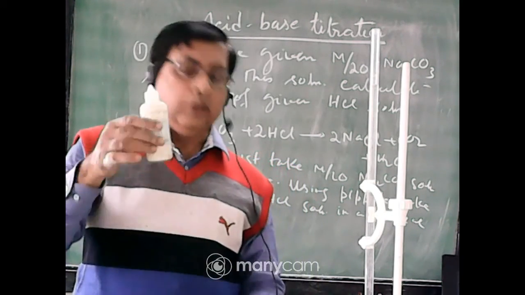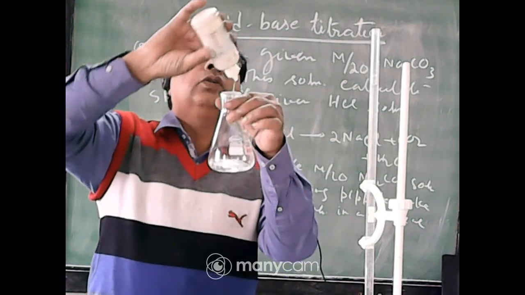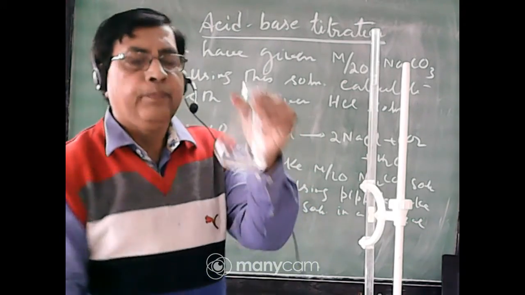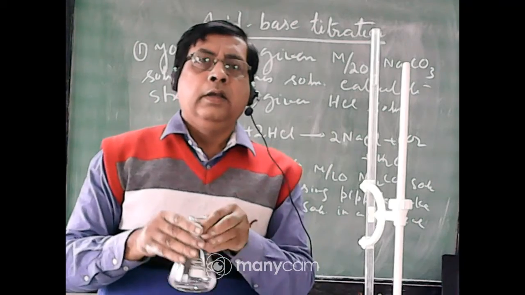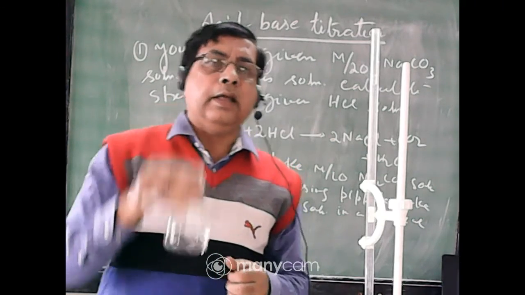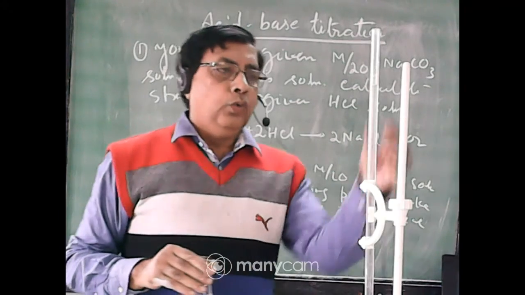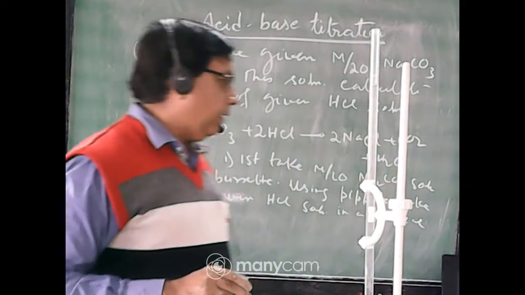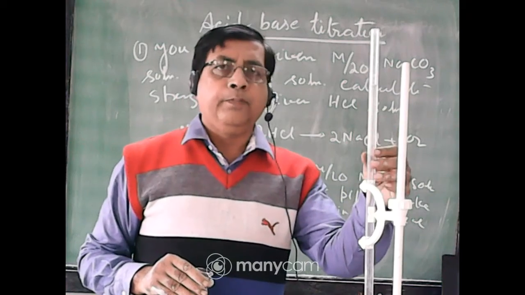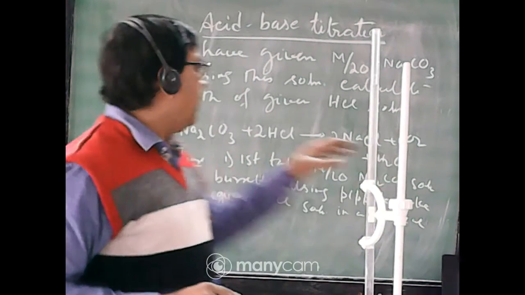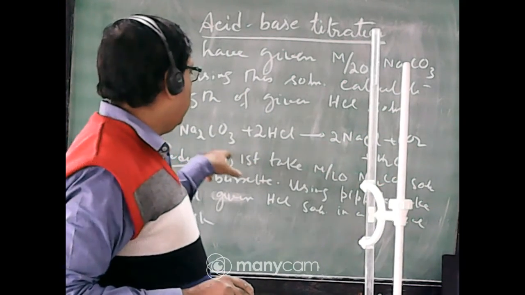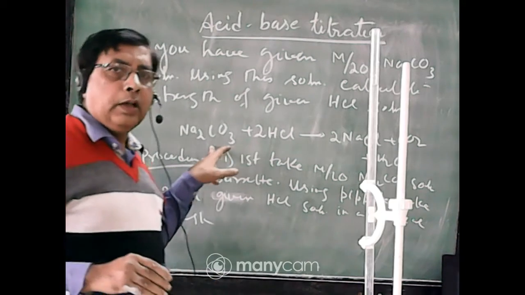You know phenolphthalein is colorless in acid. So you add a few drops of phenolphthalein. There is no change in color because phenolphthalein is colorless in acid but gives pink color in base. Sodium carbonate solution is the basic solution. On hydrolysis it gives sodium hydroxide.